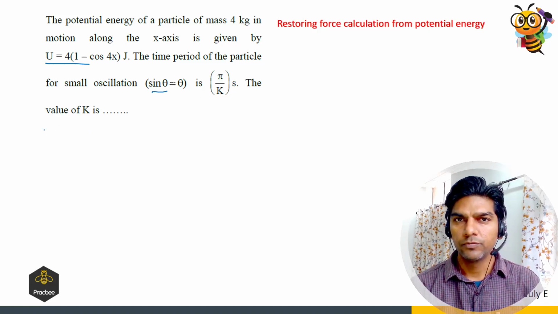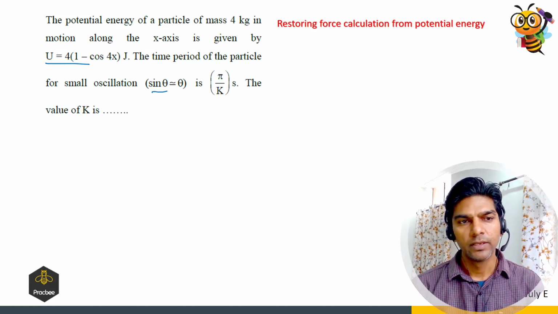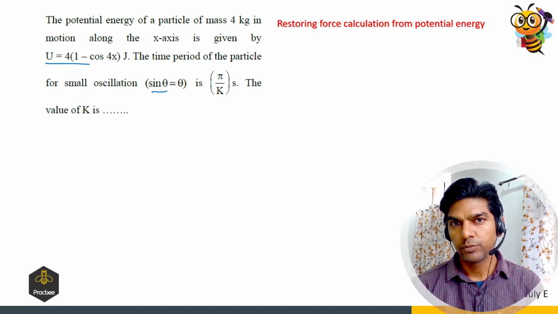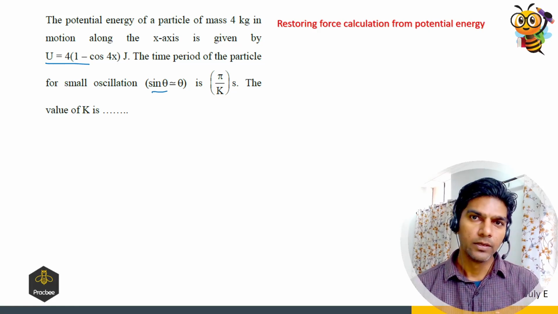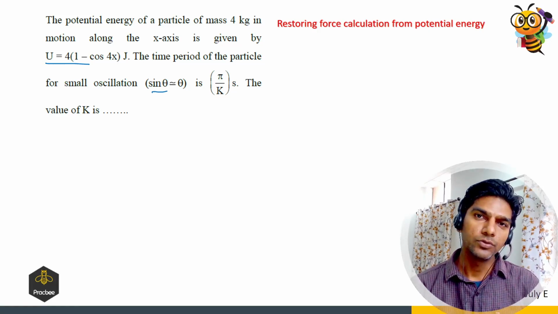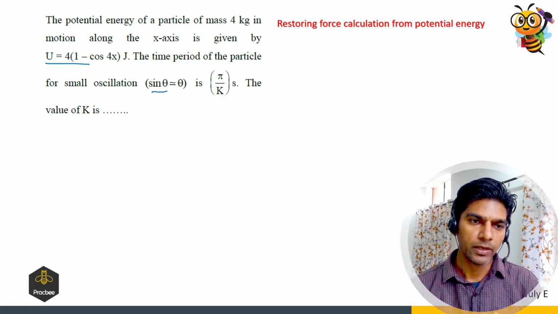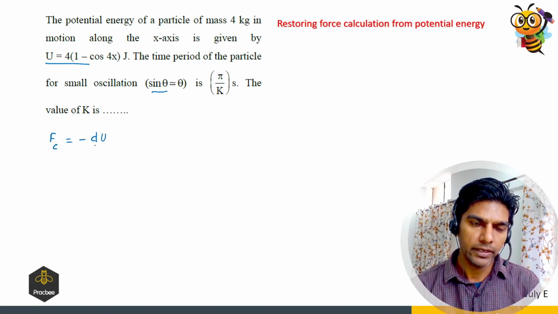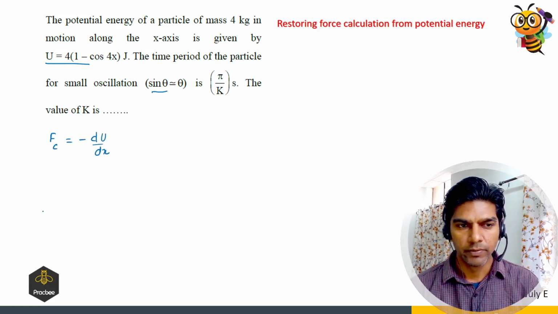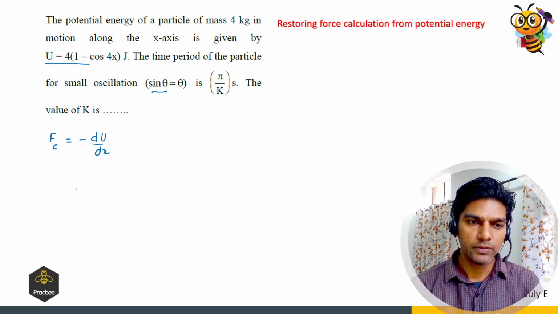So we know from the concept of work, power, energy that if we define potential energy for a given system, then there must be some conservative force, right? So work done by the conservative force can be shown in terms of the change in potential energy. So we can say the conservative force will be given as minus du by dx in this particular case. Now let us differentiate u with respect to x.